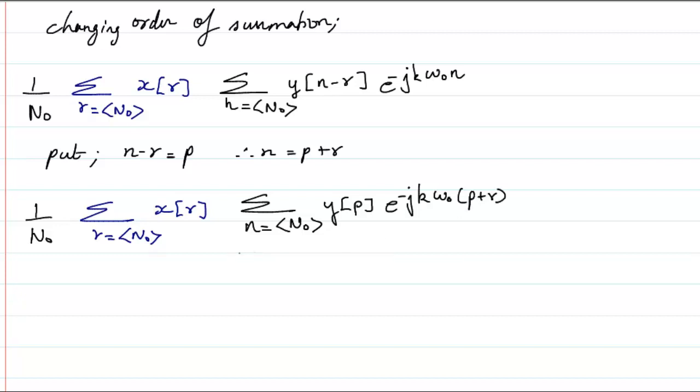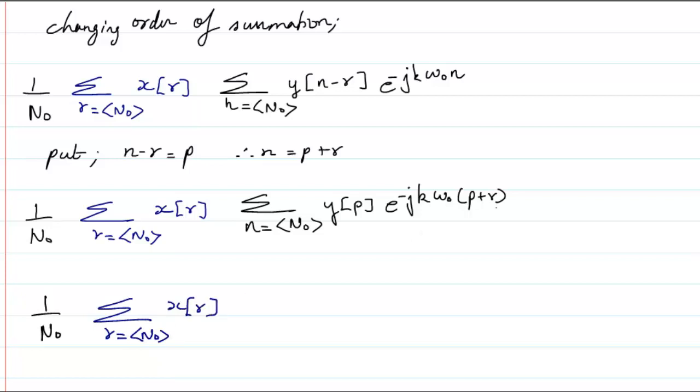This can now be split up. That means I can take the r portion separately and attach it with this function. So I will get this as 1 by n naught, and I will use the blue one, summation r within the period n naught x of r.